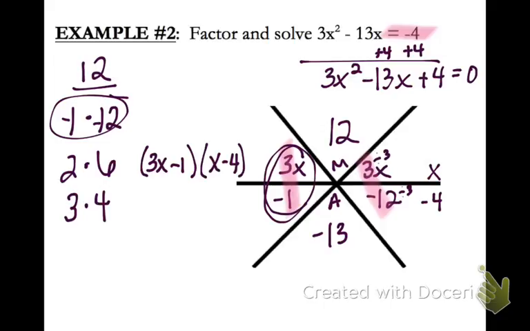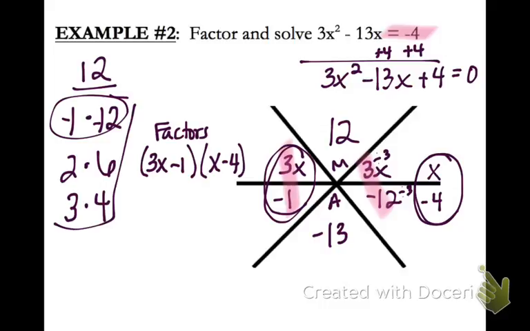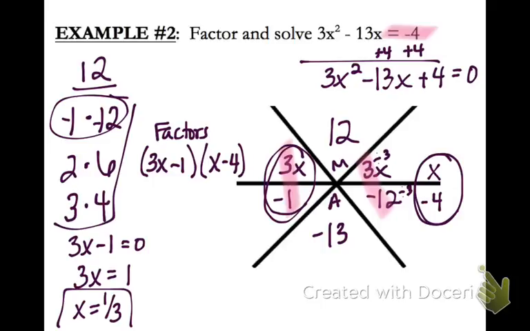I got that from right here. So these are our factors. Now in order to solve, we just need to set each of those equal to 0 and solve for x. Start by adding your 1 over, and then dividing by 3. Add the 4 over, and we're done.